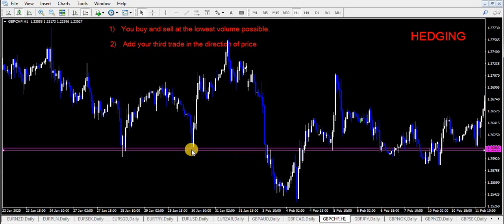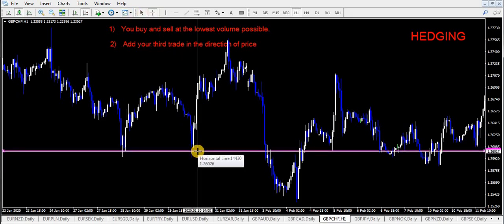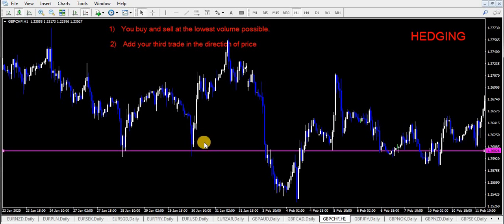Now maybe when you wait for the market to come down to somewhere here before you put in your second trade, you see that the market is not really up to a pip, so that your third trade can easily go into the money, because the wider this is, the longer your third trade will take to go into the money.